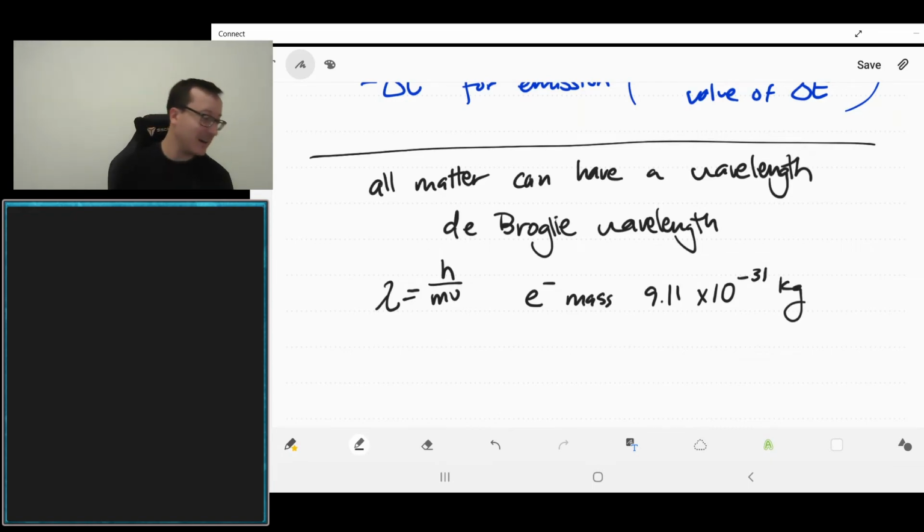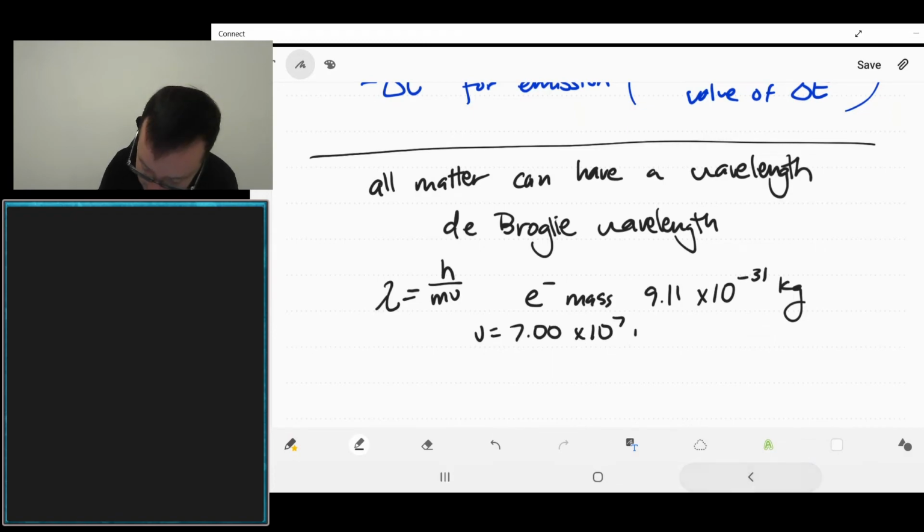Tiny number, right? And we're going to say it's not going the speed of light, it's going a little bit less. Let's say it's going at 7 times 10 to the 7th meters per second. So not quite the speed of light. With these two, we can figure out its wavelength.